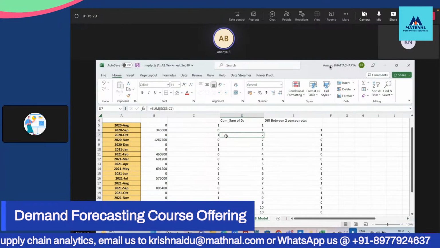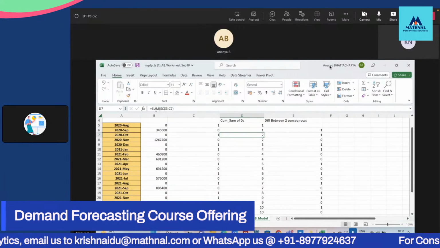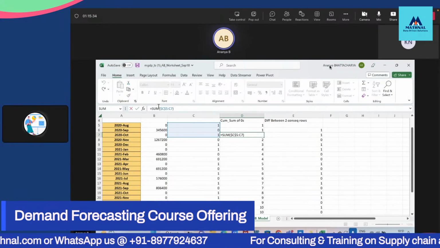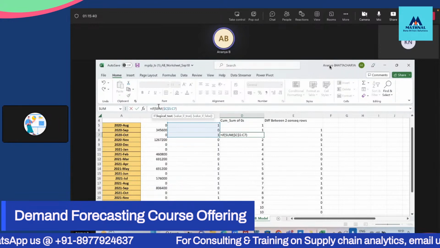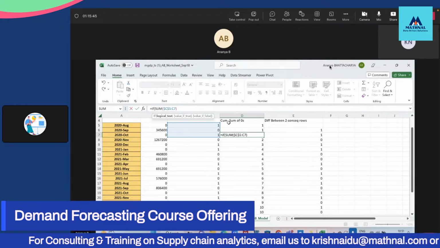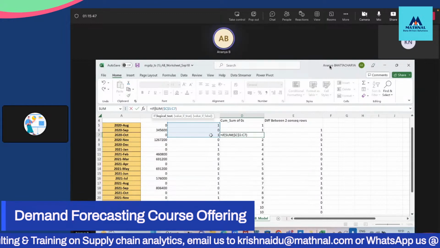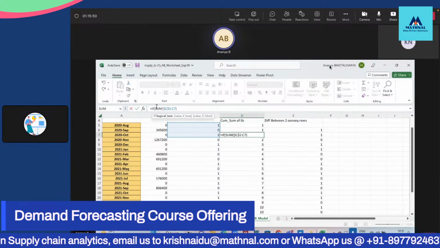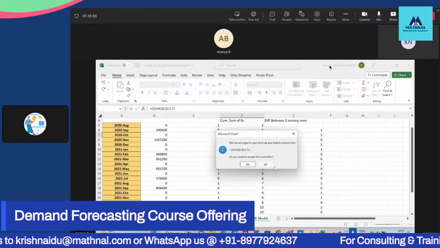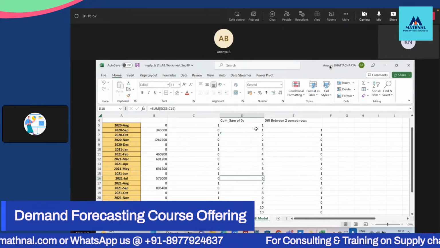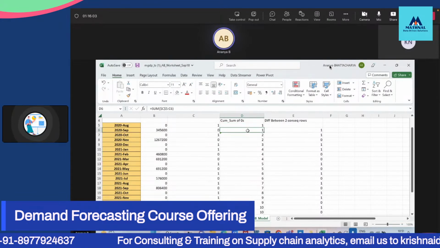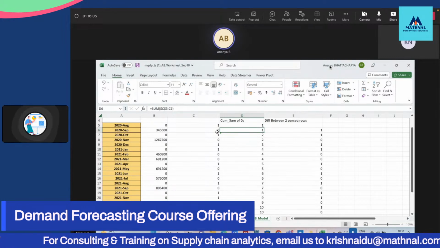Thinking how we can have that. Let us first come out of this one. Right now, this is the cumulative sum of zeros.